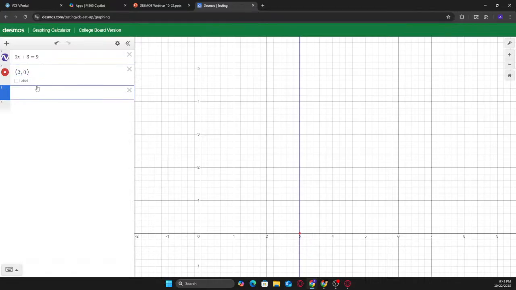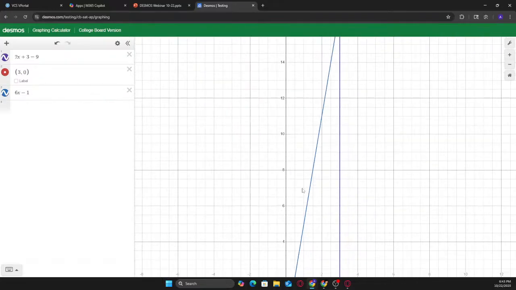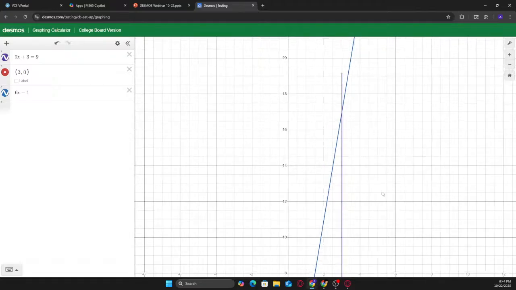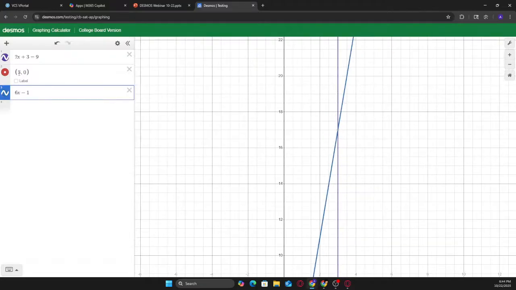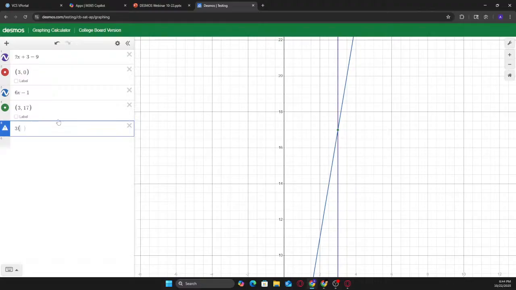Well, it asks us, what is 6x minus 1? What value would it be? If we look at it, we have 3, 0 as our solution. You can just look at the intersection. Another way is to just substitute: 6 times 3 minus 1.